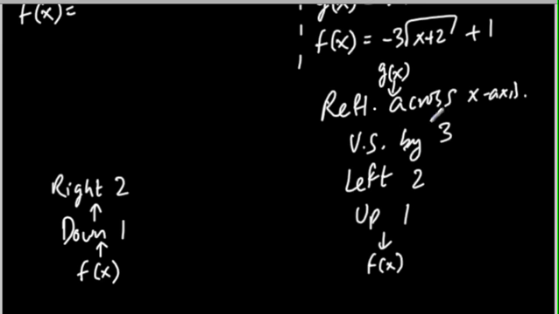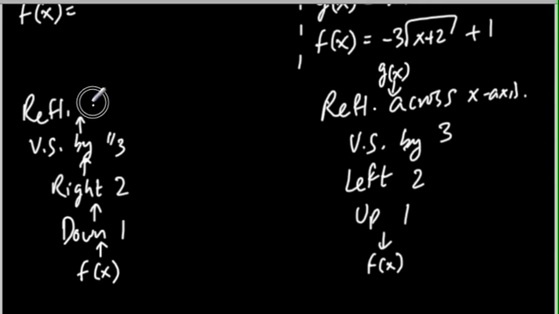Then vertical stretch by 1/3. So the reverse process would be vertical stretch by 1/3, not 3, but 1/3. And then the reflection is just a reflection. Now, it's not reflection across y, it's still the reflection across the x-axis, and that would help you get back to g, right?